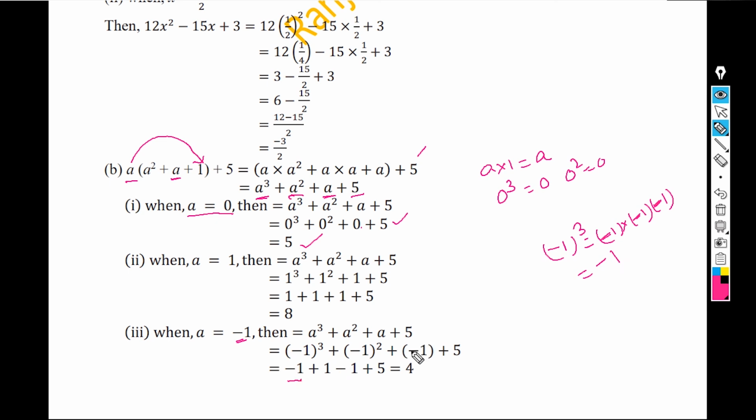But here when it is -1 and outside the bracket there is a plus sign, plus and minus, you know plus into minus becomes minus, then that one has a minus sign before that.